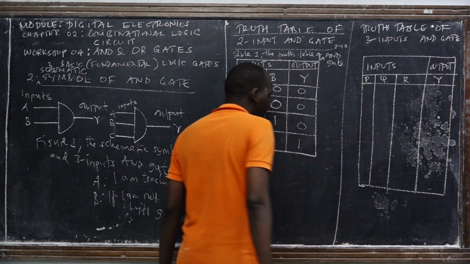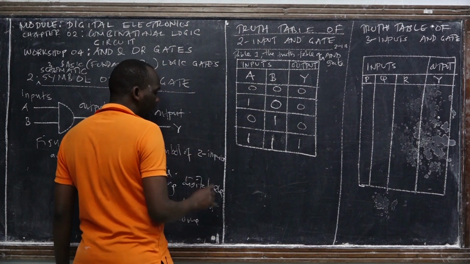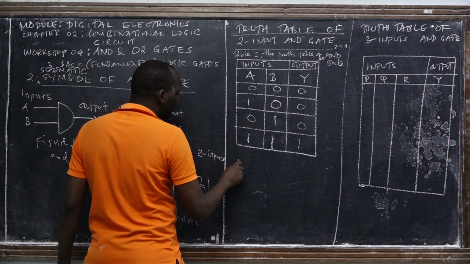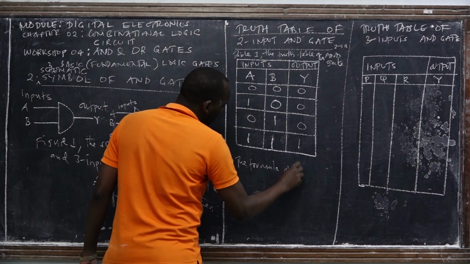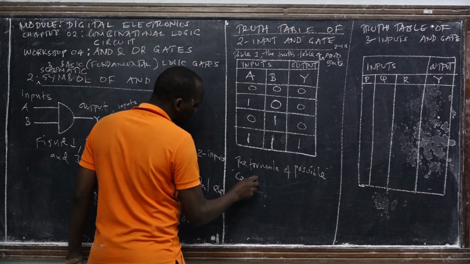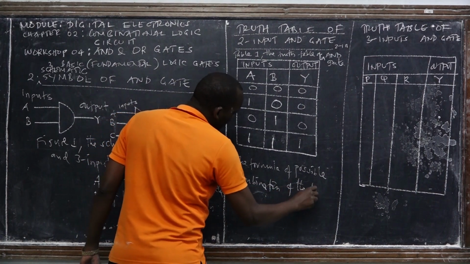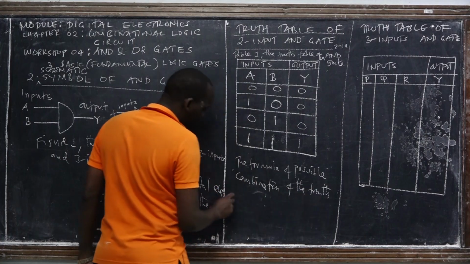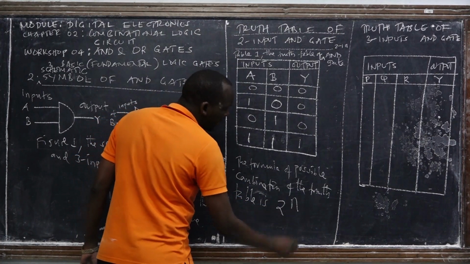Remember the principle of possible combination. The formula for the possible combinations of the truth table is 2 power n.